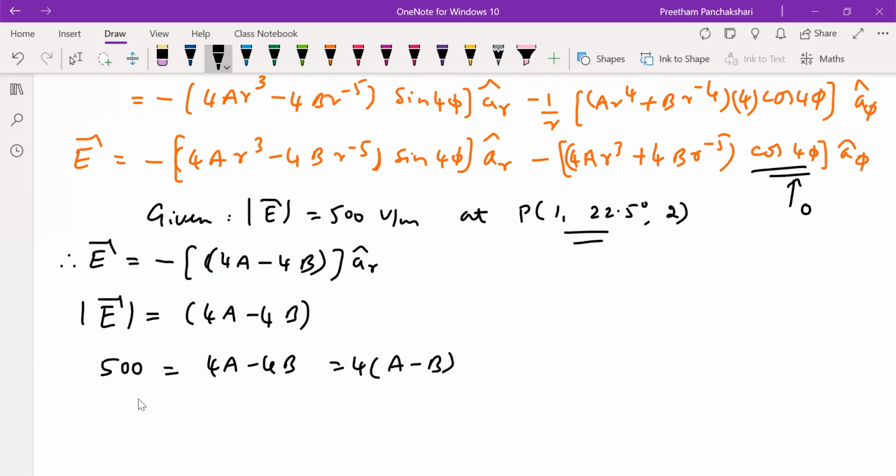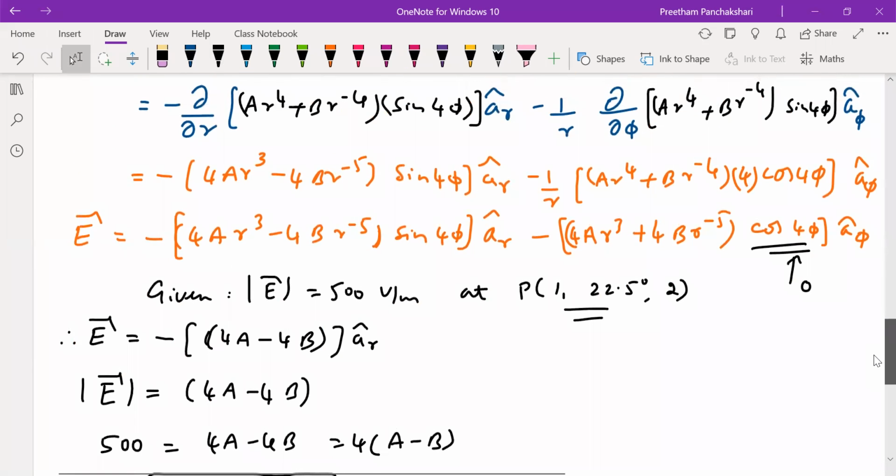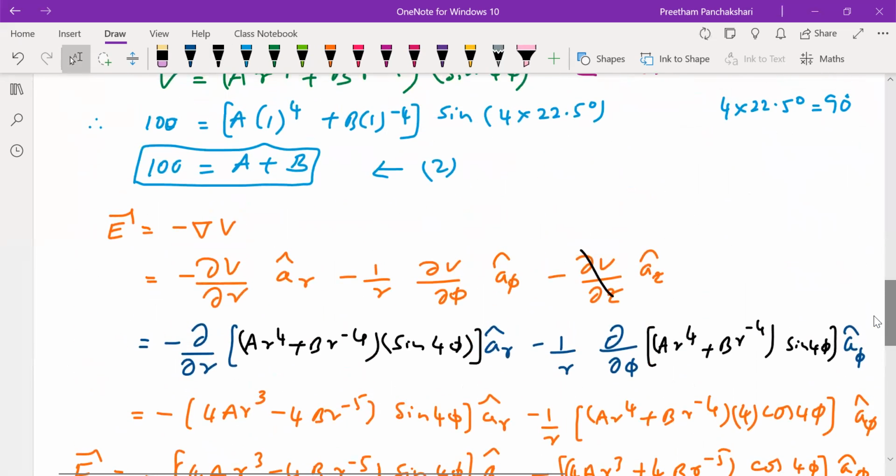Therefore, 500 divided by 4 is 125. That is equal to A minus B. So we have two equations here. One is the recent one, A minus B is equal to 125. Similarly, we must be having one more equation here. Equation number 2 is A plus B equal to 100.